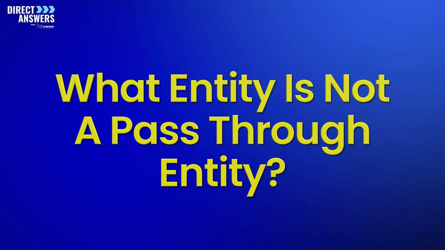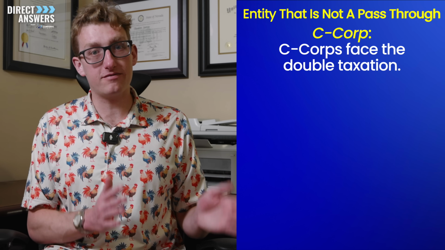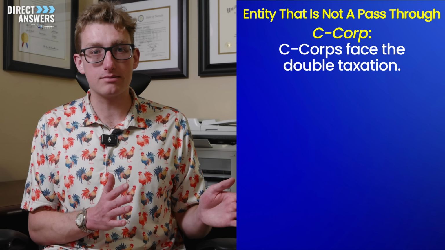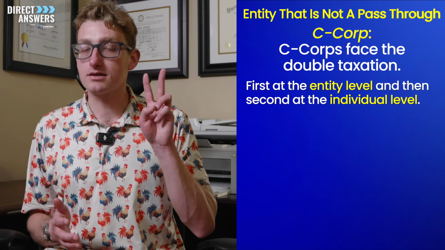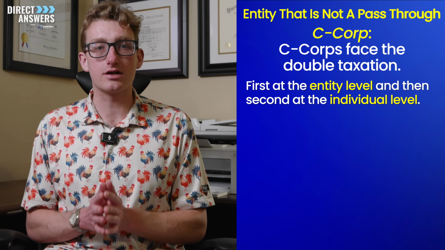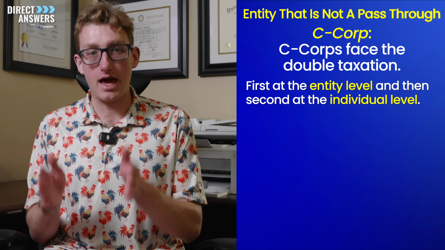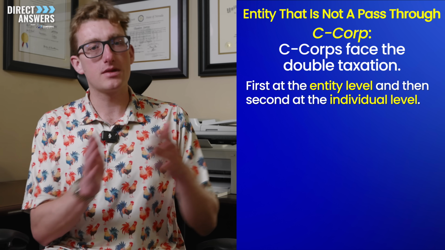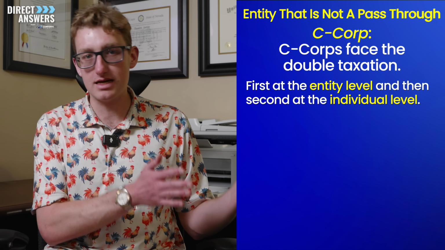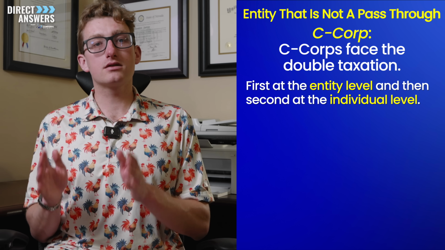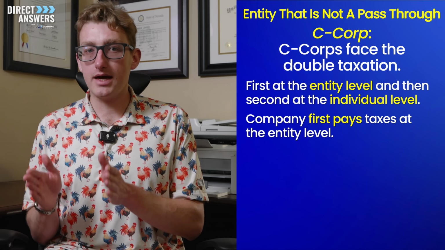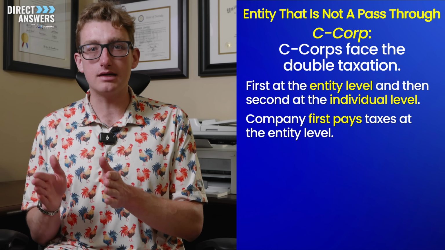And what's an example of an entity that's not a pass-through entity? Well, this is a C-corp, because C-corps face the double taxation. And this is where the entity faces two levels of taxation. The first one is at the entity level itself, and the second one is at the individual level. And this is where the company first pays taxes on the entity level.